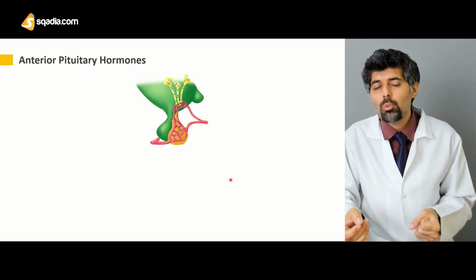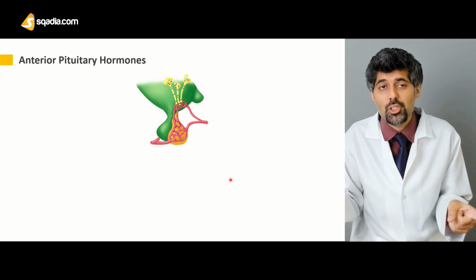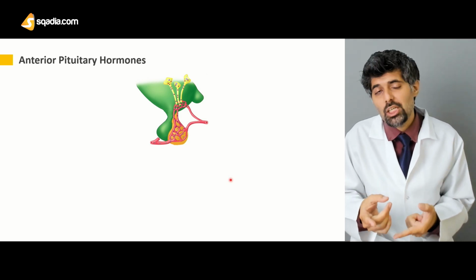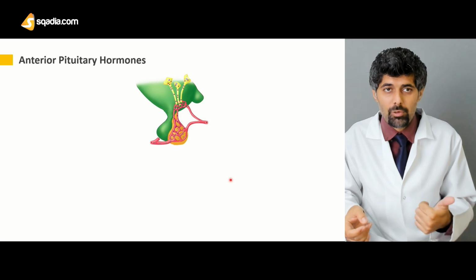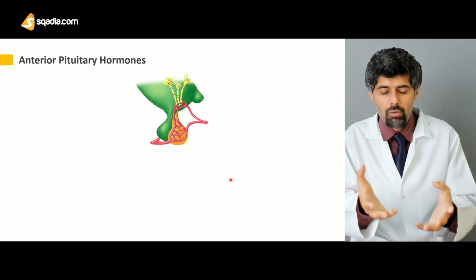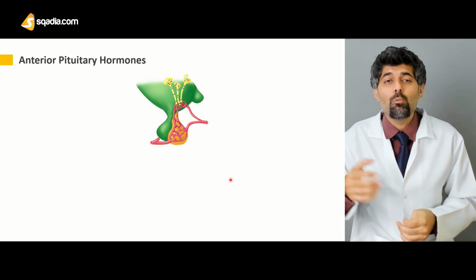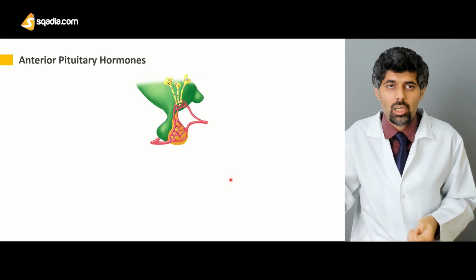And these glycoproteins also have, instead of a single peptide chain, multiple chains, that is, they have both the alpha subunit and the beta subunit. So I will mention which hormone is a simple peptide and which hormone is a glycoprotein.